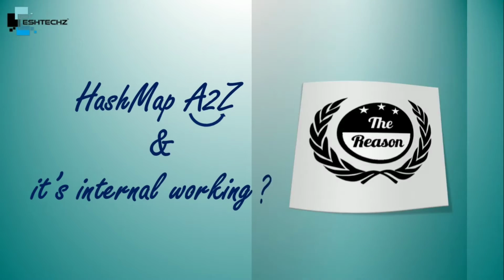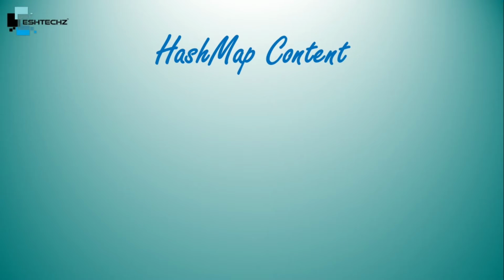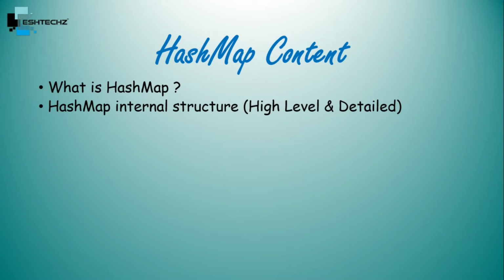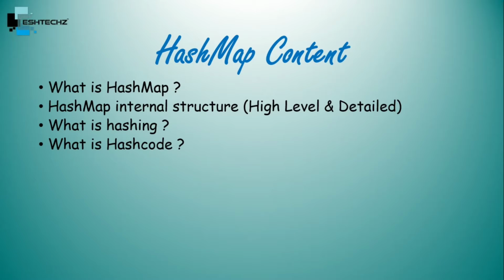So let's get started. First, let's take a look at the list of contents, starting with what is HashMap? HashMap internal structure, and this will cover a high level and detailed view. What is hashing? What is Hashcode? Implementation of Hashcode.